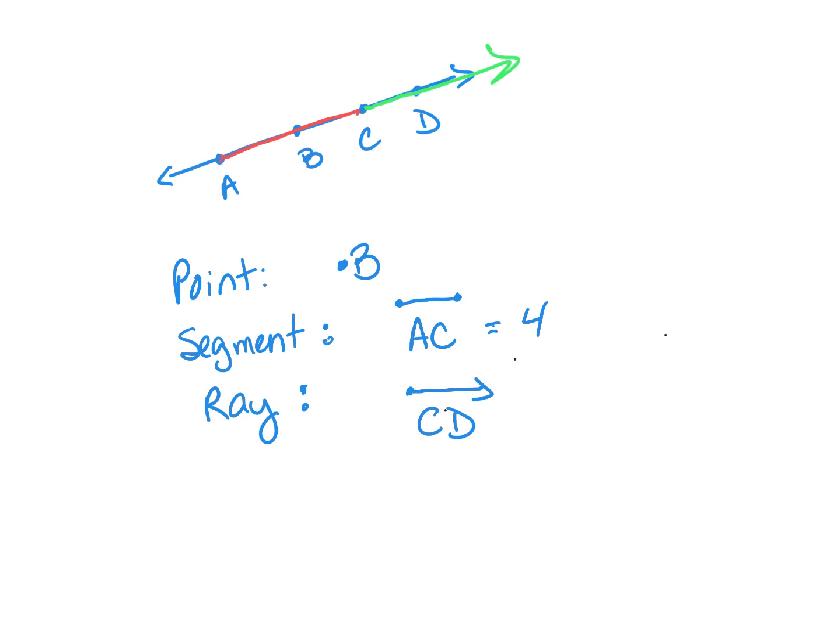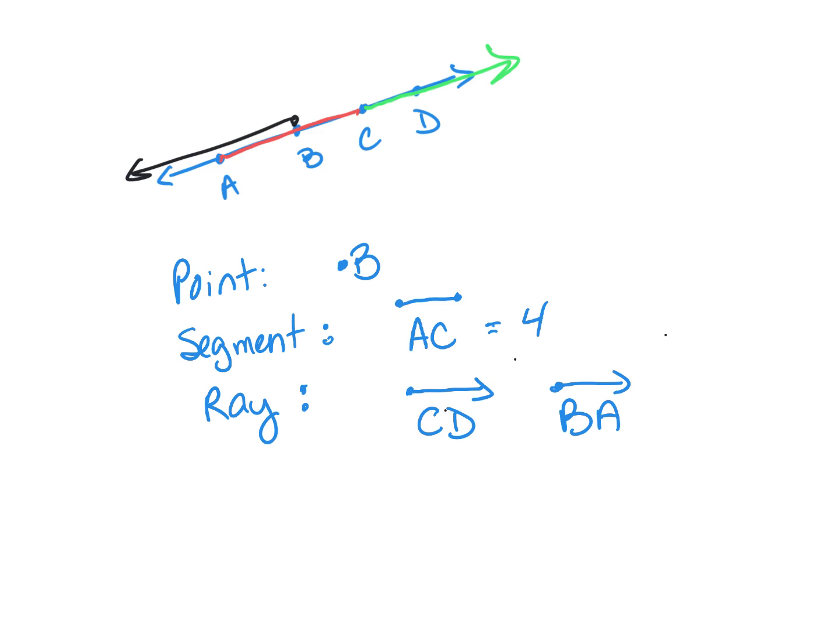If I were to put ray BA, it means it starts at B and it goes through A to infinity. So the beginning letter is the letter where it starts, and then the ending letter is what it goes through to get to infinity. If you change those two letters around, it's technically wrong.